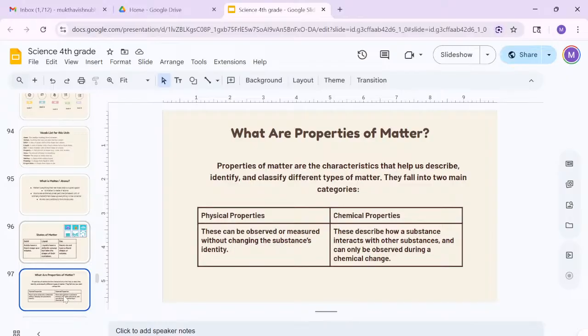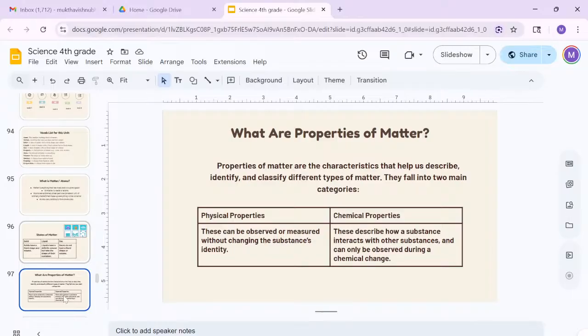Chemical properties, however, describe how a substance interacts with another substance, and this can only be observed during a chemical change. So, okay, I'll give an example. When you burn a piece of wood, you can't change it back to the wood.